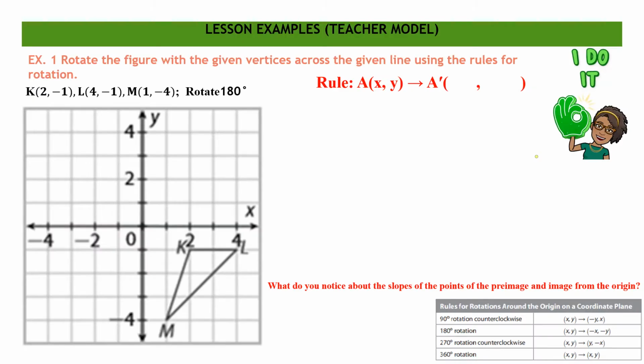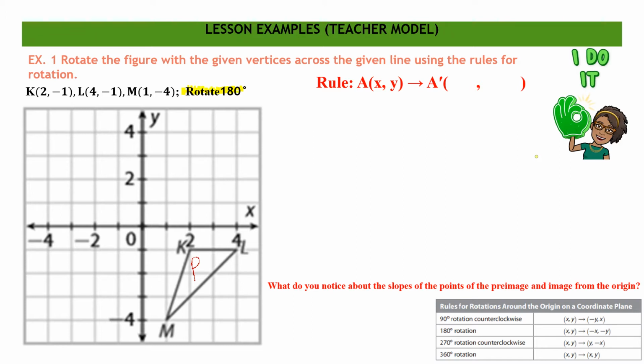Okay, so let's look at example 1. It says to rotate the figure with the given vertices across the given line using the rules for rotation. So they've given us our pre-image here, KLM, and they provided the coordinate points for that. And they've also told us to rotate it 180 degrees, and that's stated here.